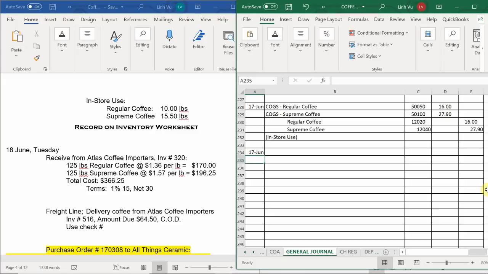So how do I journalize this? You will itemize the coffee that was delivered. So the 20 pounds of regular coffee at the 8.50 per pound, a total of $170.